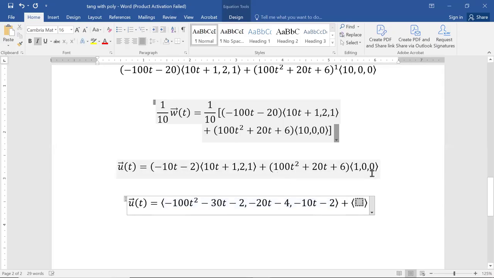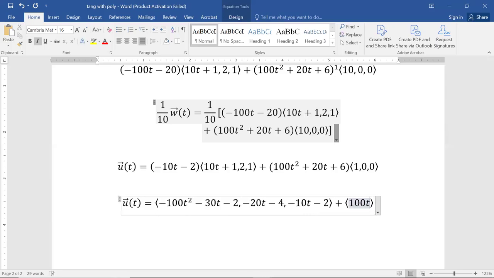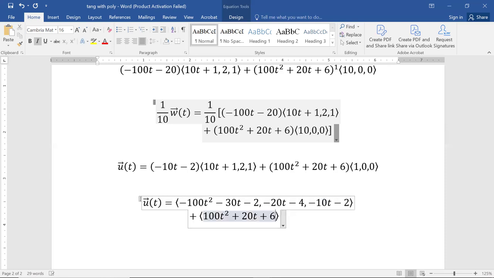For the other part of the vector, the part that's going to be added, I take this polynomial times 1. That's 100t squared plus 20t plus 6. And then I take that polynomial times 0. That's just 0. And take that polynomial times 0. That's just 0.